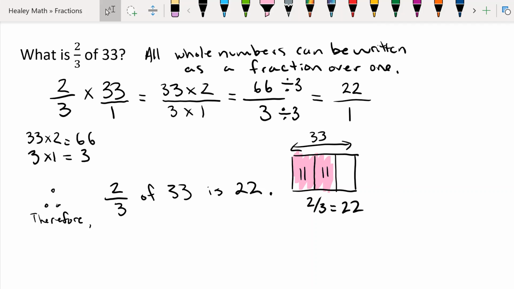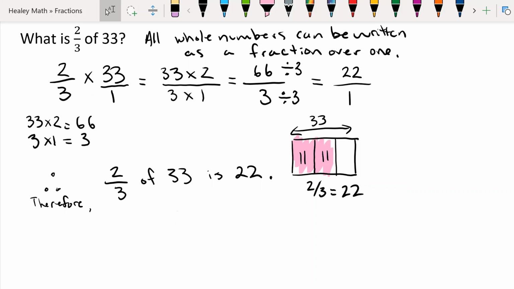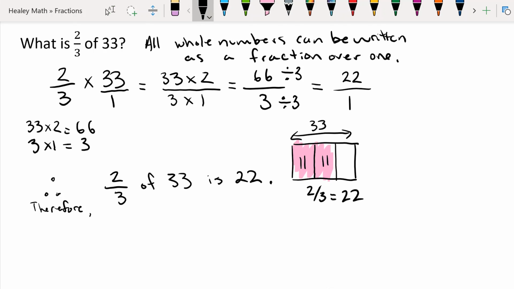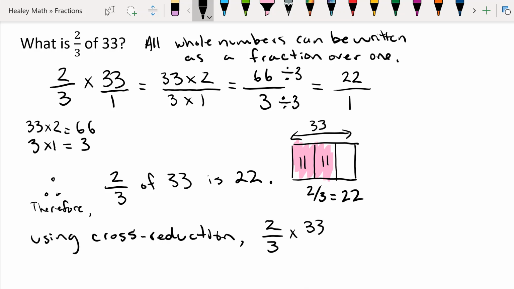Another way we can answer this is using cross-reducing. Cross reduction or cross reducing. We notice that we have 2 over 3 times 33 over 1.